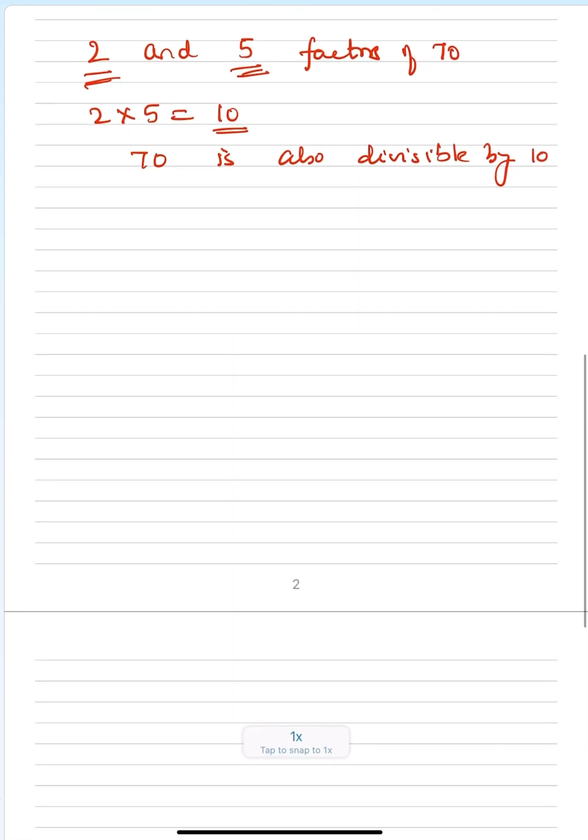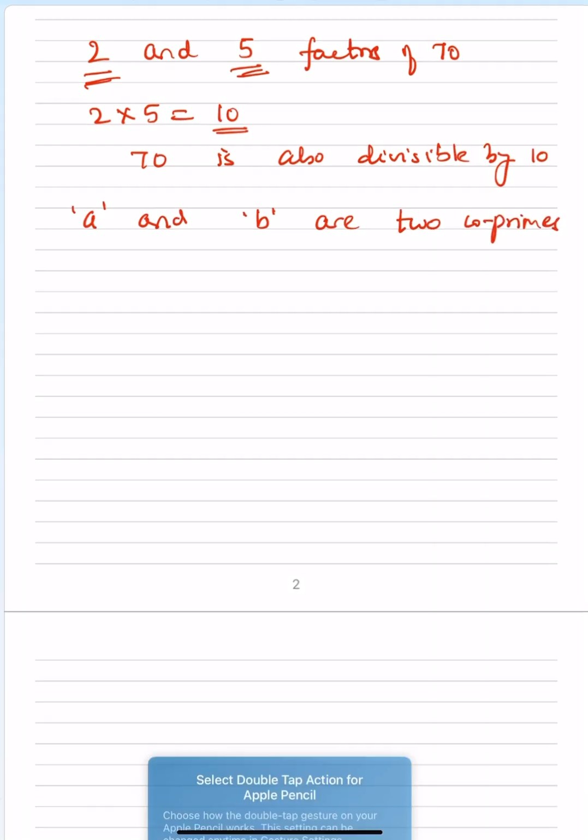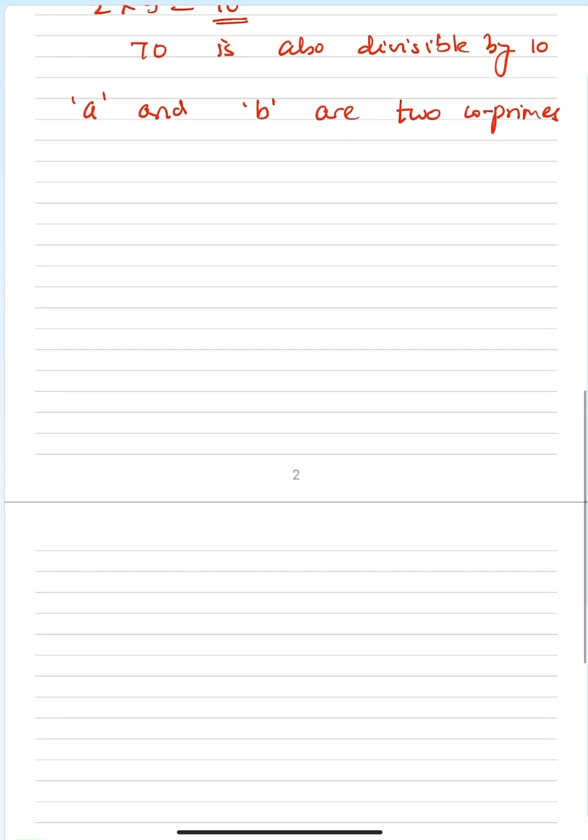Let us say A and B are two co-primes, meaning they only have 1 as a common divisor.